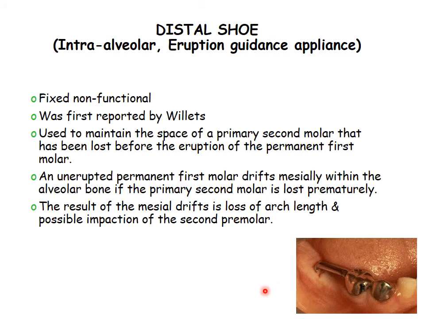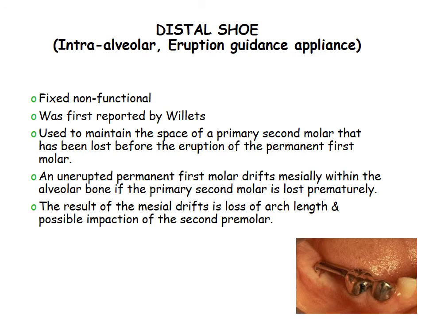It is used to maintain space. If your E's are lost before the eruption of the first permanent molars, then this distal shoe maintains the space till the time the permanent first molar erupts.